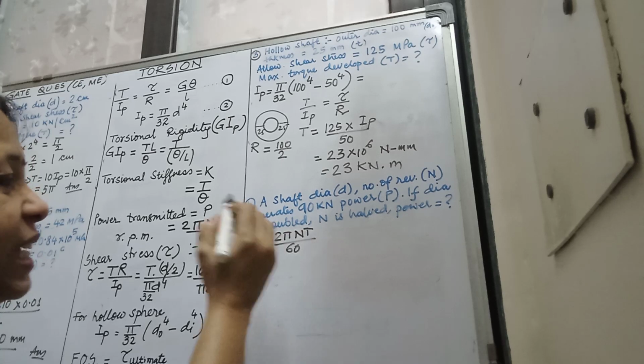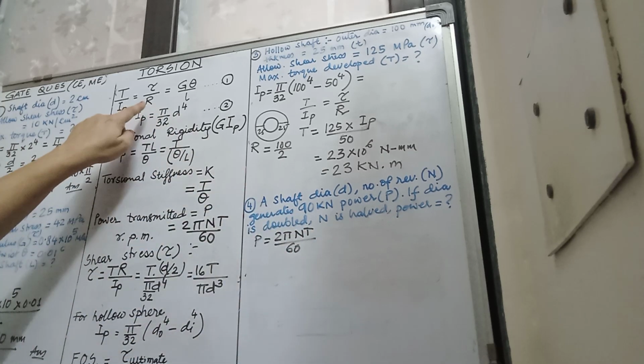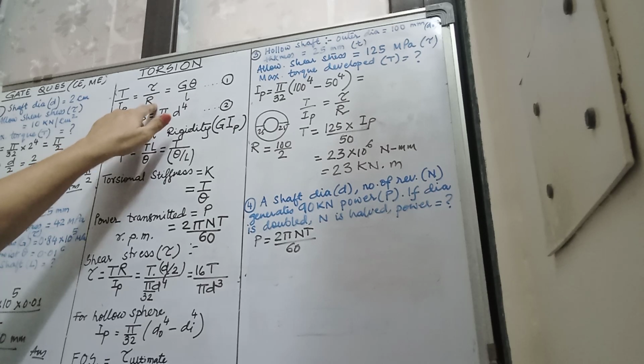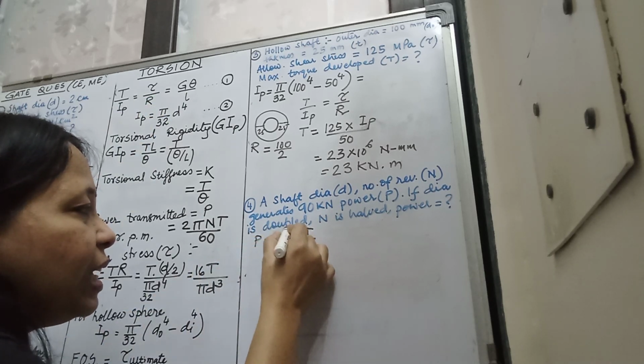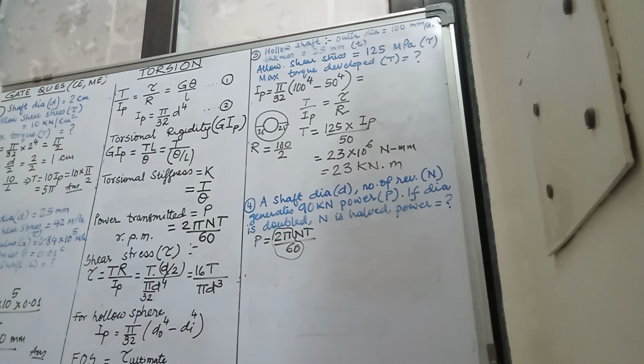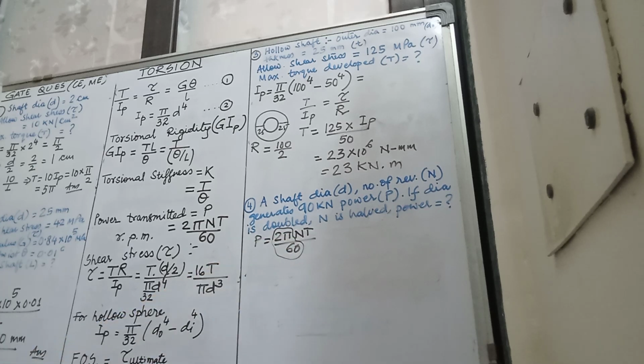N and T. Now T, torque, is also related to the radius, right? So we can take this part as common, correct? And what is the relationship of T?